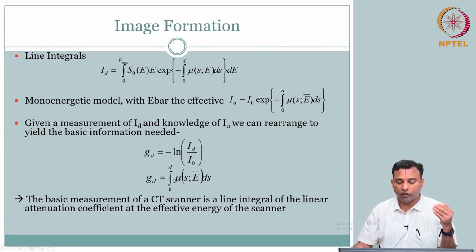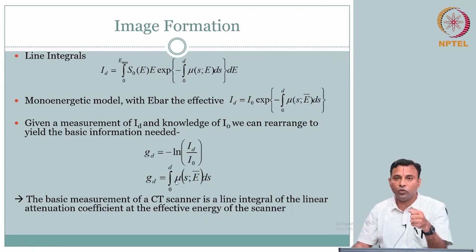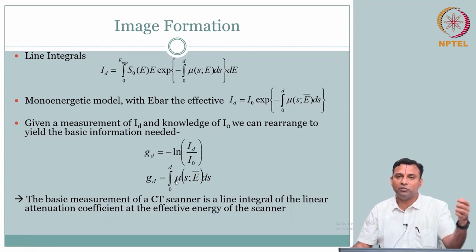So if you are getting mu from GD, naturally the initial condition, what your I naught is, for example, is going to have an influence. What this equivalent energy is also going to have an influence. The material is the same, that is ground truth, but the mu will change from machine to machine, that is a problem. Or even with the same machine, if I change my settings, mu will change.